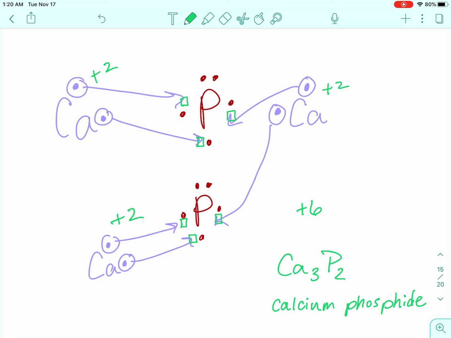And each of these phosphorus ions is going to gain 3 electrons, so they're each -3. Now if I have 2 -3s, overall that's -6. And the charge, when we add those up, they cancel and give us 0. I have 6 positives and 6 negatives.